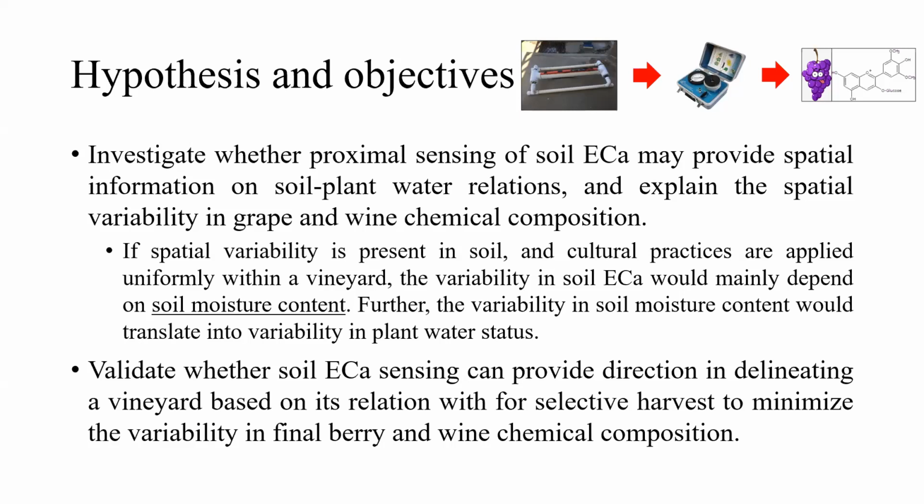So we hypothesized that if spatial variability is present in soil and cultural practices are applied uniformly within a vineyard, which is the common case, the variability in soil ECa will mainly depend on soil moisture content. Further, the variability in soil moisture content will translate into variability in plant water status and plant physiology, berry chemistry, and so on.